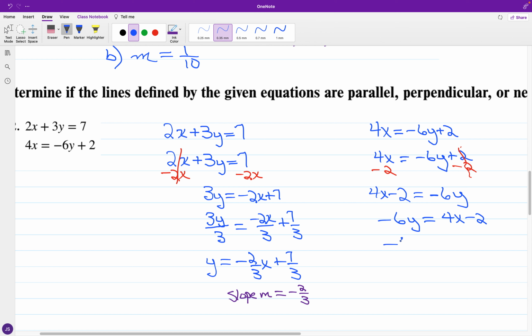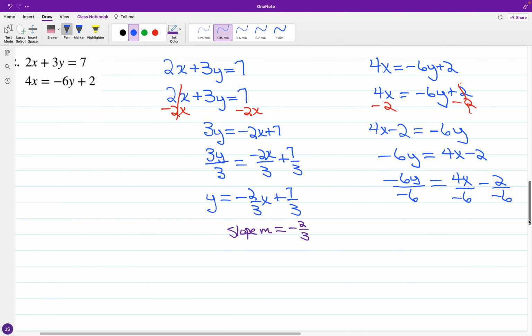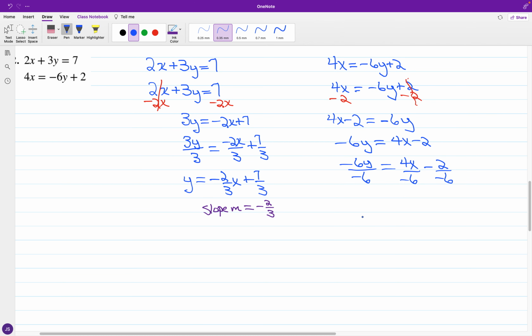And now expressing in terms of y equals, I can divide the terms all out by negative 6. So I got negative 6y over negative 6. So this becomes y. And 4x over negative 6, so we have an x term.